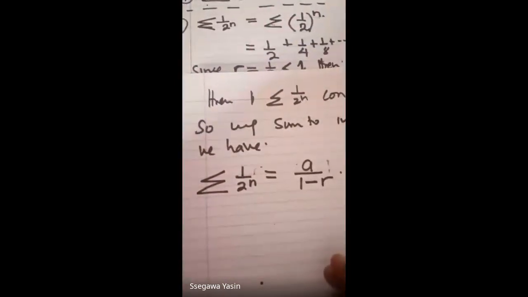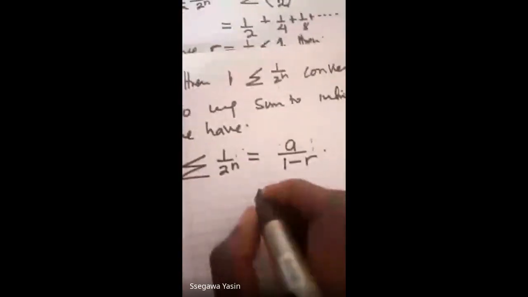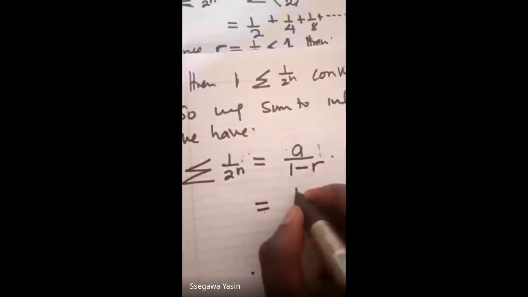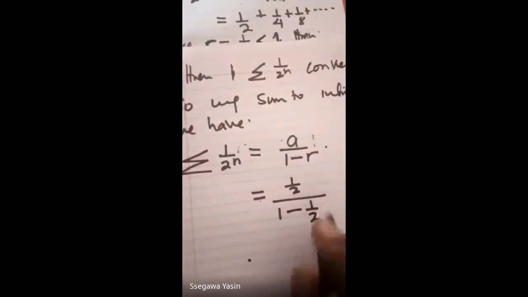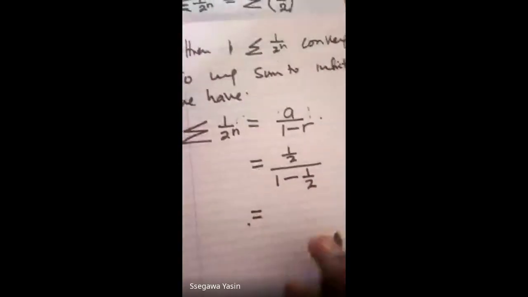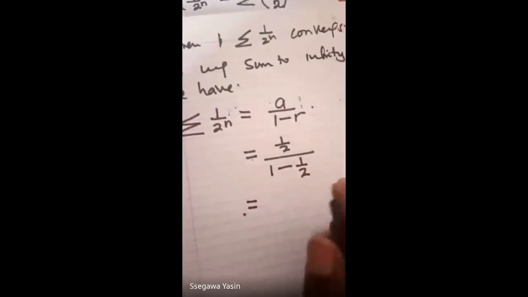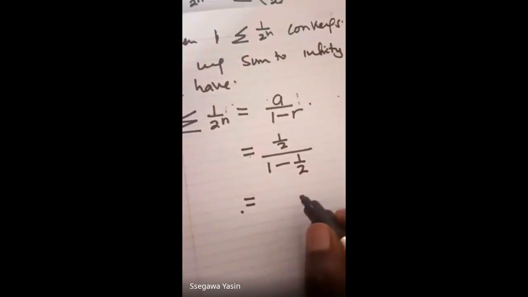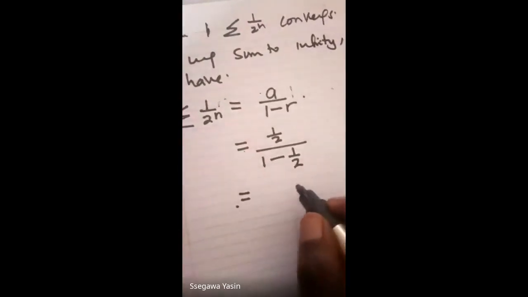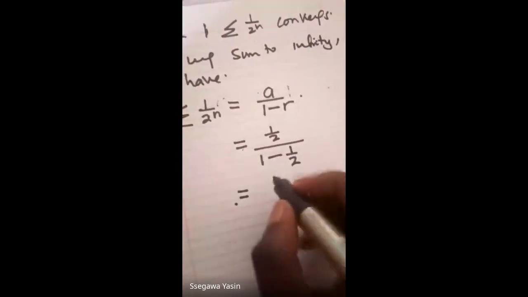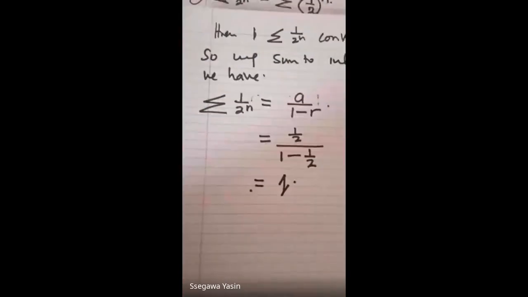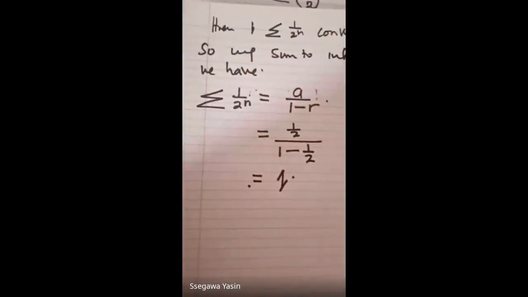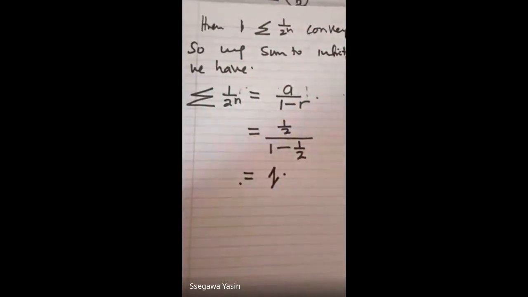Our first term is a half, and 1 minus our r is a half. Can you please see that this is a half over a half, which is 1. This confirms the other expression we got at first, where we used the infinite series. So it is the same thing we are getting now.